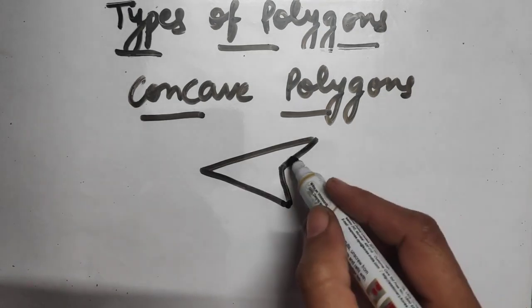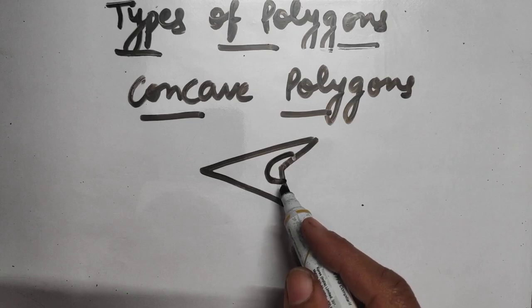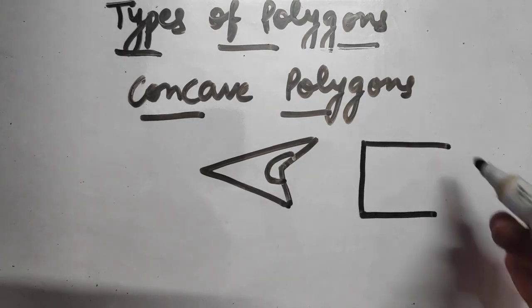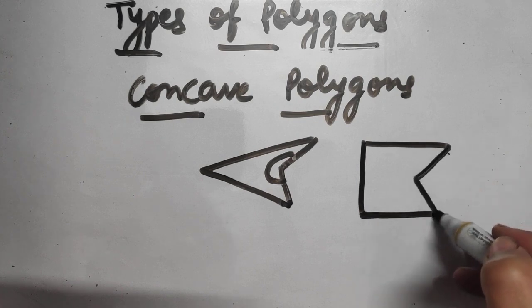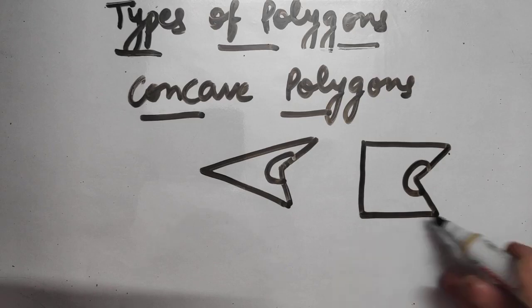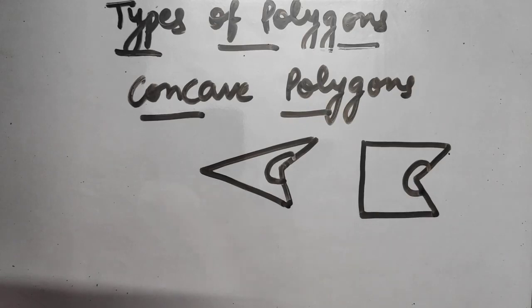You can see this angle, it is more than 180 degree. So this is a concave polygon. Another example can be like this. This again is more than 180 degree. So you can see clearly these are concave polygons.